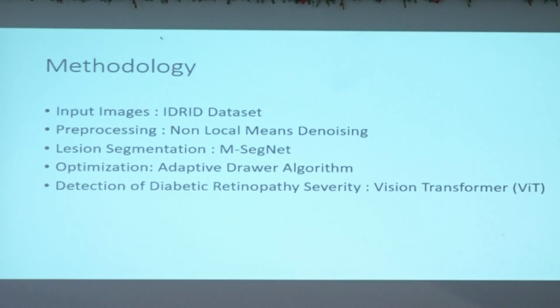For lesion segmentation I am using MSegnet. For optimization I am using the adapter Roy algorithm, and for detection of diabetic retinopathy I am using vision transformers. In the previous session, Jain sir gave an excellent session on the basics of deep learning and optimization techniques. I will be using some of those techniques in my paper also.